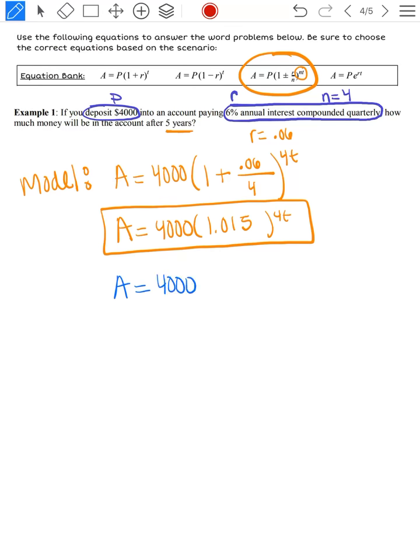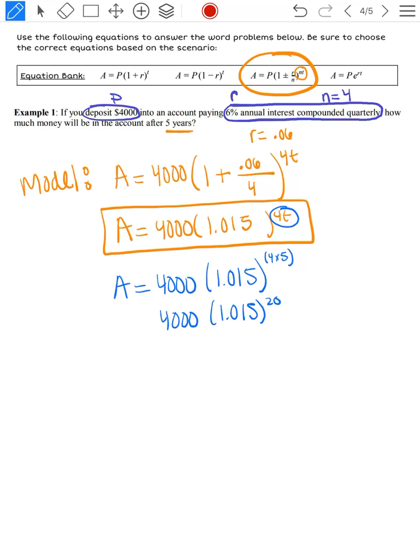So A is equal to 4,000, 1.015. And here is 4t, means 4 times t. So this would be 4 times 5. Or, to make your life a little bit easier, we can just write 20. So I'm going to do 1.015 to the 20th power because we do exponent first.